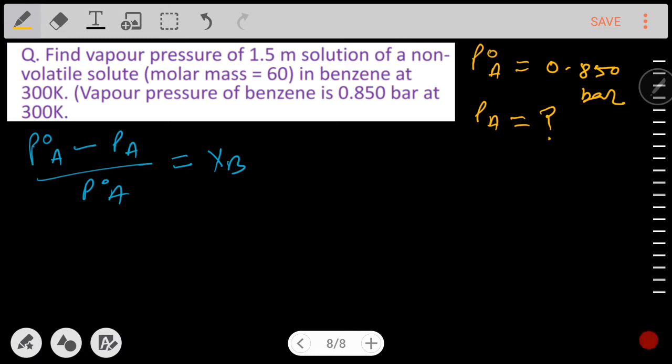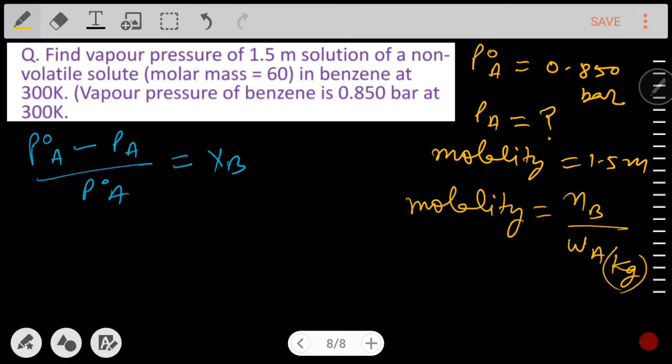Molarity of the solution is provided, that is 1.5 m. We have to get the required information from this molarity. How? Molarity is equal to number of mole of solute Nb upon mass of solvent in kilogram.